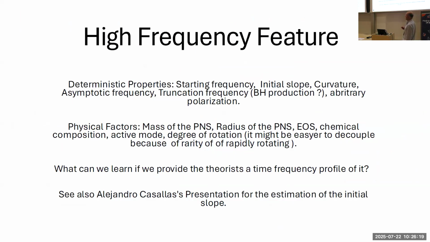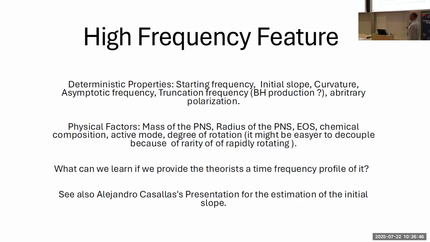There is also a reason why the papers we published focused on the initial slope: the reconstruction of coherent WaveBurst was not going above a few hundred hertz, and we realized that there was no way to track the curvature, for example. But now, with the most recent one, we can go up to 2000 hertz, 2100 hertz.